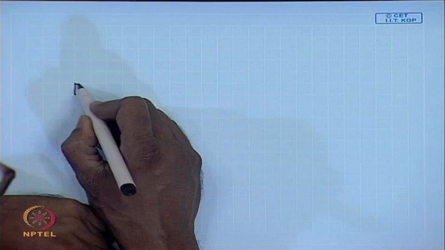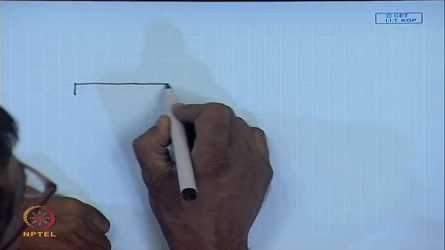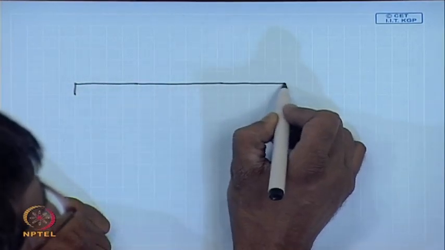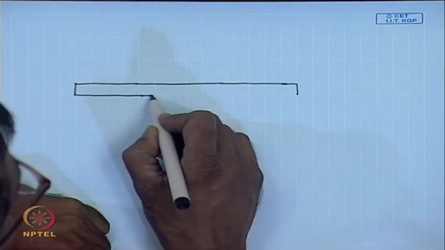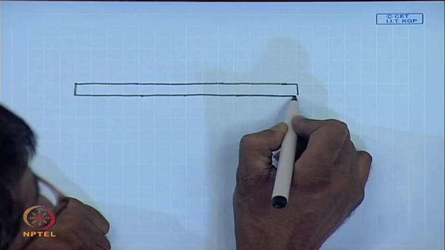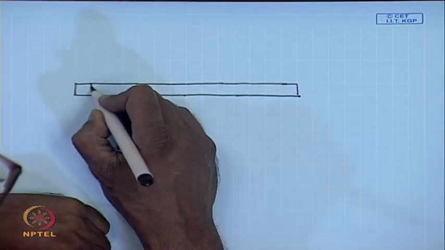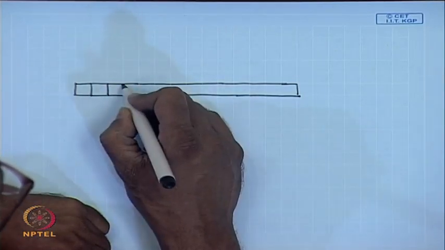For that, let us look at the developed diagram of an armature and the commutator segments. So, these are the commutators.